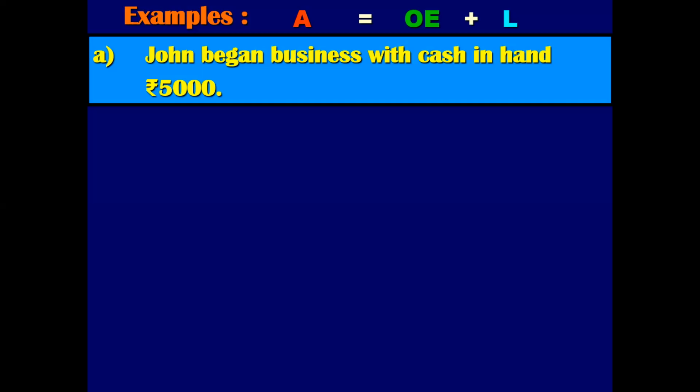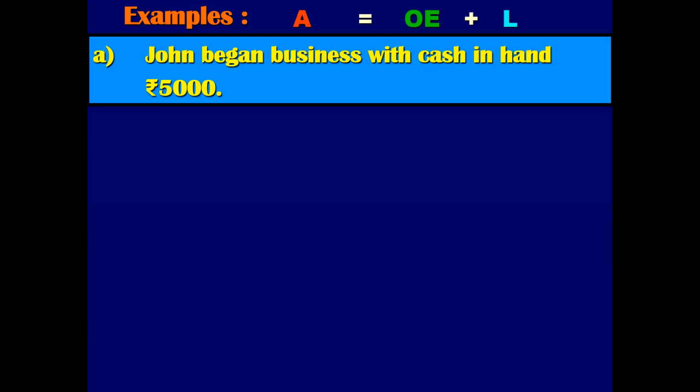Cash. But this cash is not the business's own property. The business has to return it back. That's why this 5,000 is called liability, that means capital. So capital inflow, at the same time cash inflow.